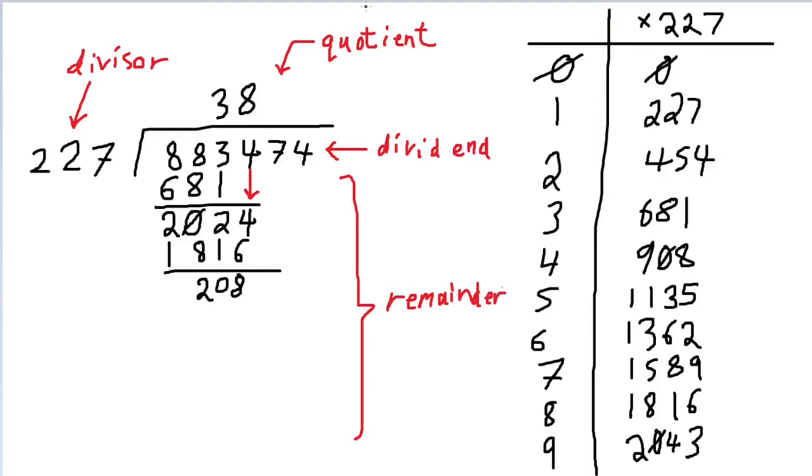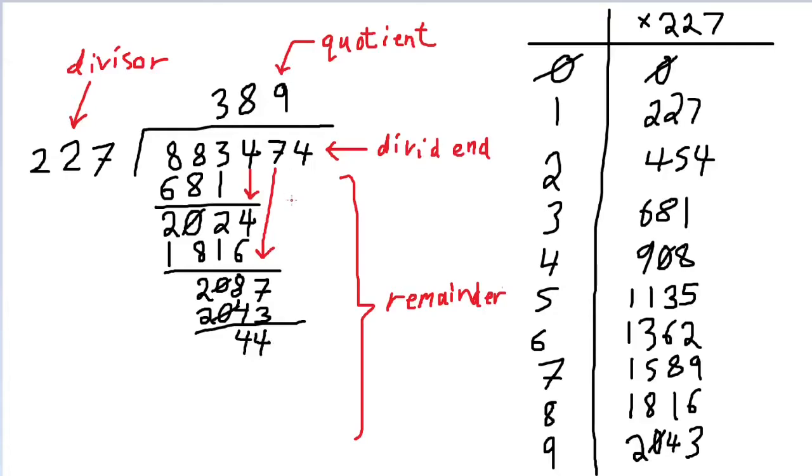And then we continue the same process again. We take this 7, the next digit of the dividend, down to get our new intermediate dividend. We find the greatest multiple of the divisor that is smaller than it, and we find that this is 2043. And this is obtained from 9 multiplied by 227, so 9 is our next digit of the quotient. And then we subtract the multiple again to get the new remainder, and this is 44.